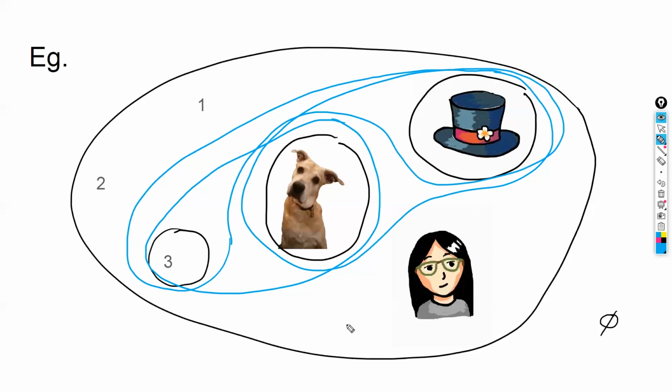Okay, but there's one more, right? I can take the union of 3 and hat. That's going to be the set 3, hat. And I can take that union the set dog. So the set 3, dog, hat, or 3, hat, dog, or hat, dog, 3, it doesn't really matter the order, I suppose. This also is an open set.